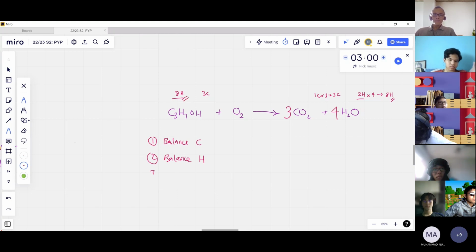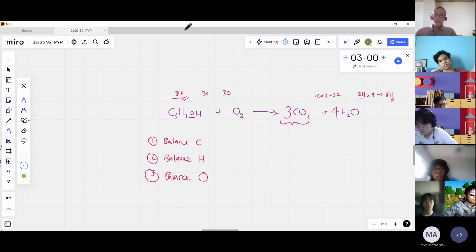Then lastly, balance your oxygen. How many do I have here? Left-hand side, 1, 2, 3. Hopefully you'll notice that O2 means 2 plus 1 here, so altogether 3. How about right-hand side?